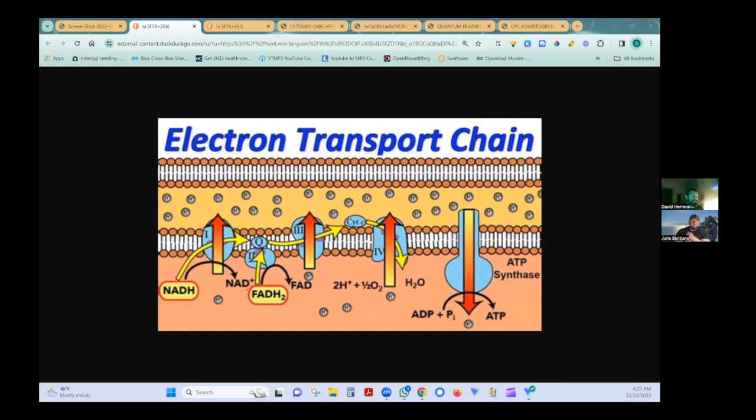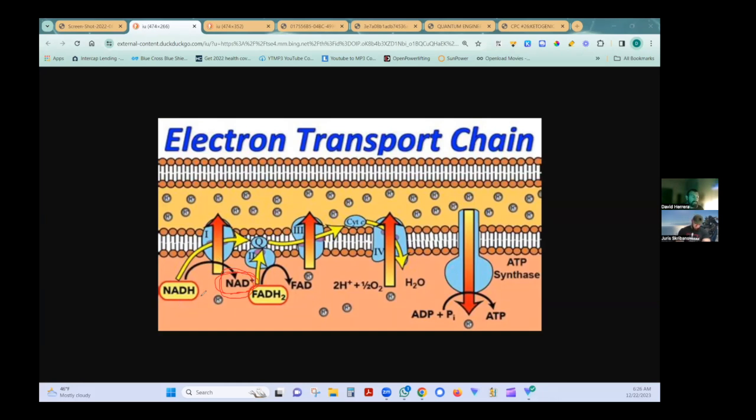NMN is because it restores NAD plus. So this molecule right down in here. The problem is a lot of people don't understand what that molecule is doing. Like they don't fundamentally see, oh, that is a donor, right?